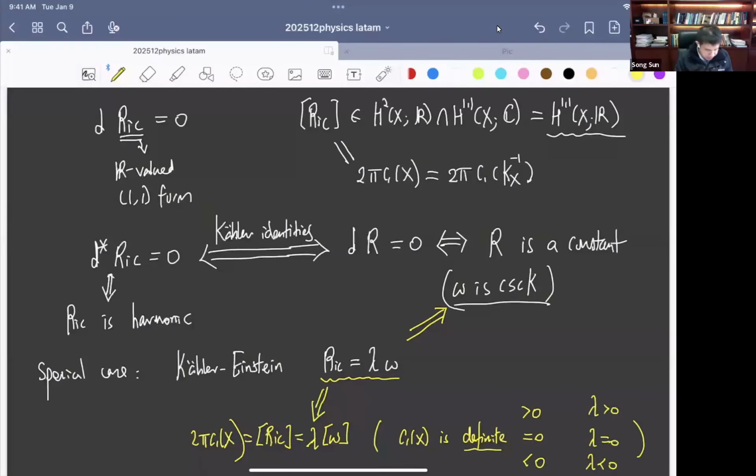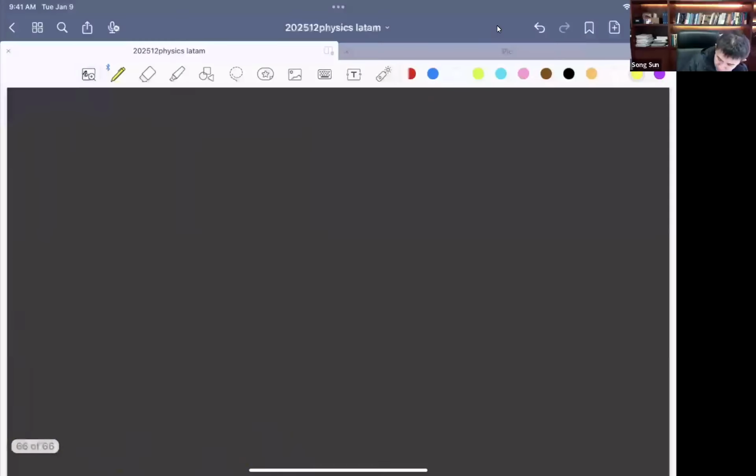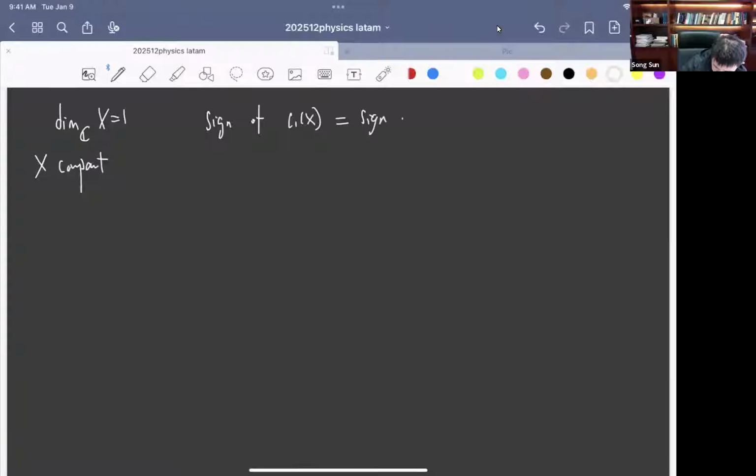So for example, when the dimension of X equals 1, and X is compact, then the sign of lambda is the same as the sign of the first Chern class, which is the same as the sign of the Euler characteristic.